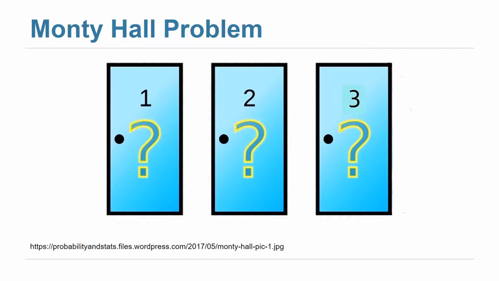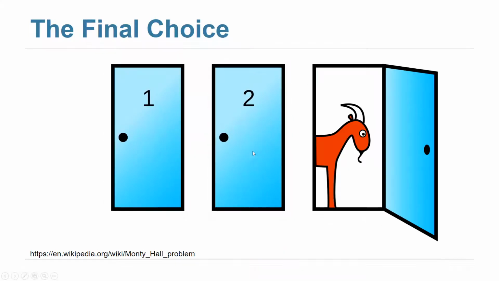So for example, I chose door number 2, then Monty will open one of the first or the third door that has a goat. Is that guaranteed? Yeah, of course, because we have two goats, so at least one of the two remaining doors has a goat.